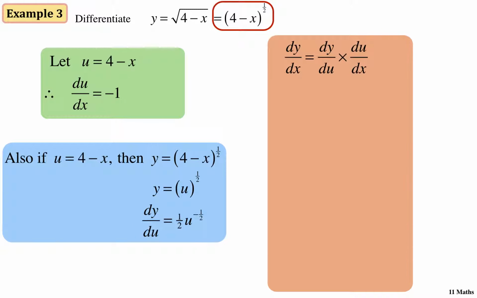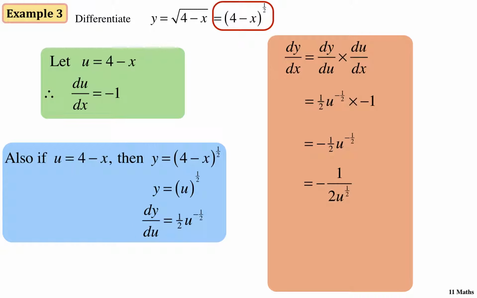So I can plug those values in and I end up with a half u to the minus a half times minus 1. Well, that minus 1 can multiply the half, and that gives me minus a half u to the power of negative a half. Let's return this to the form that it came in. If that's u to the minus a half, I can move it down to the bottom of the fraction to join the 2, and it becomes u to the power of plus a half.